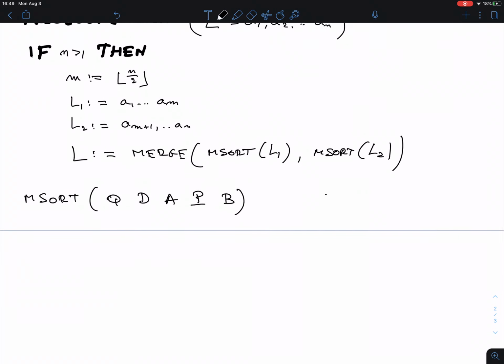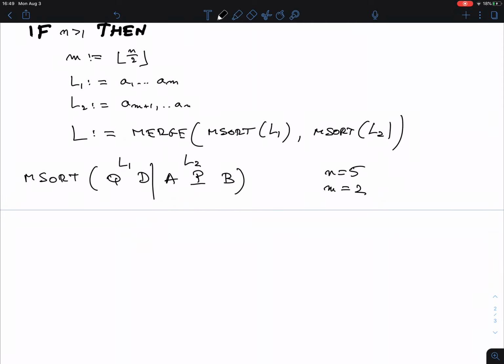So here we start with n equals 5, and so m is equal to 2. And then we create the two lists, we split the original list in two parts, right? The first part and the second part. So this is L1 and this is L2. And then, what is M sort? Well, it is the merge.